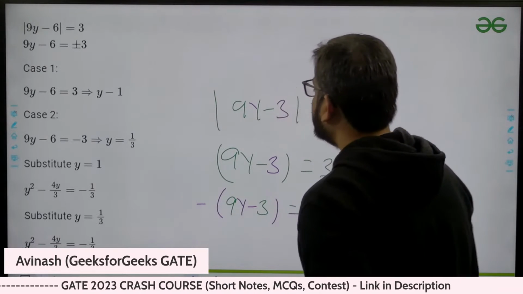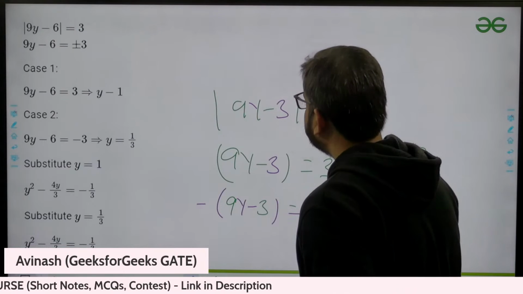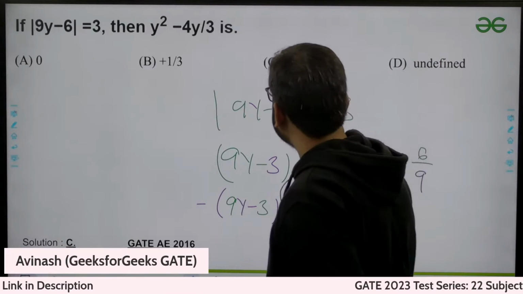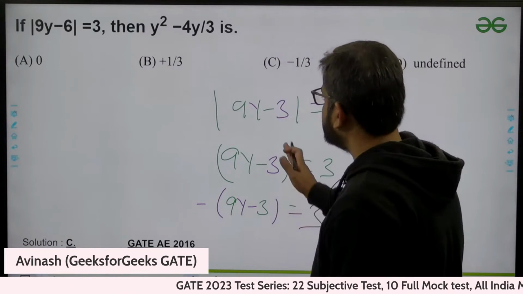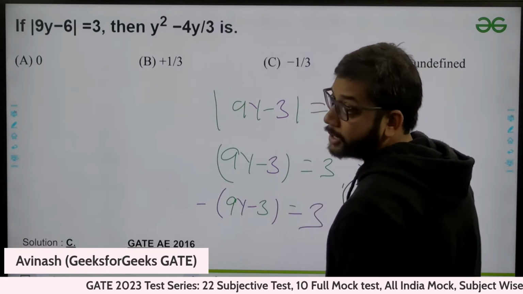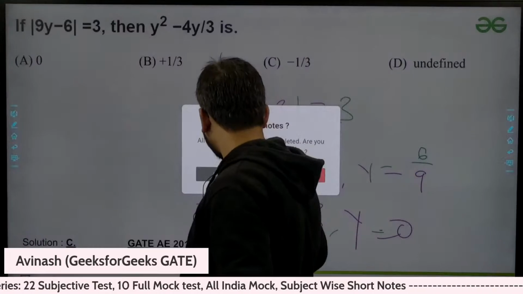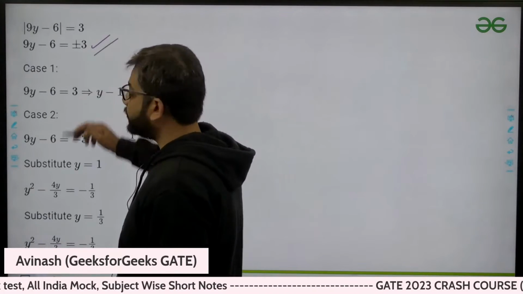We have to find both values from here. Wait a minute, did I write something wrong? Sorry, this is 6. You can rewrite this question: 9y plus 6 is equal to... My only point is to explain the property of mod. If you are writing this, it will be plus minus.